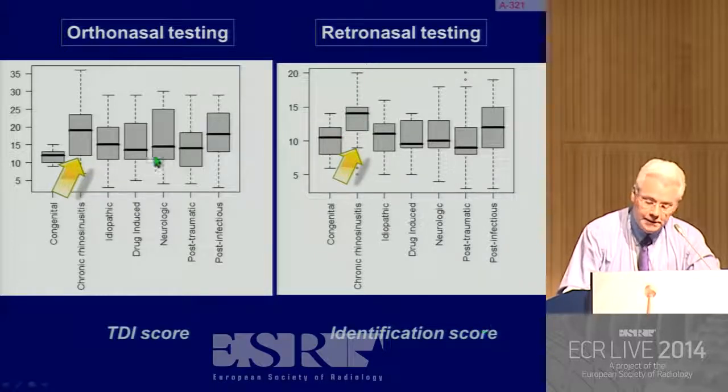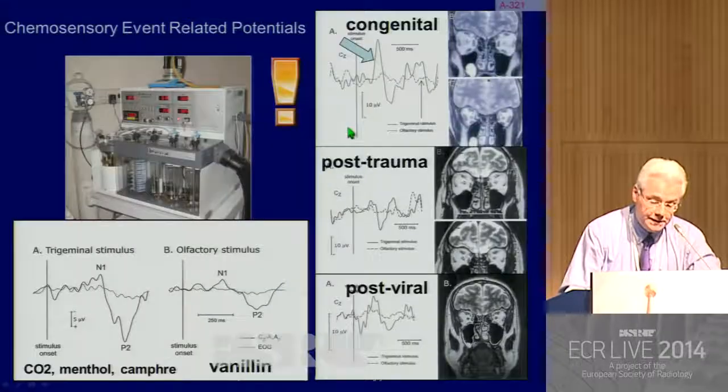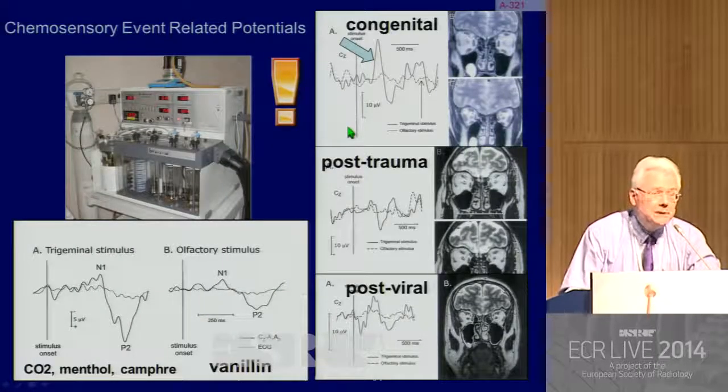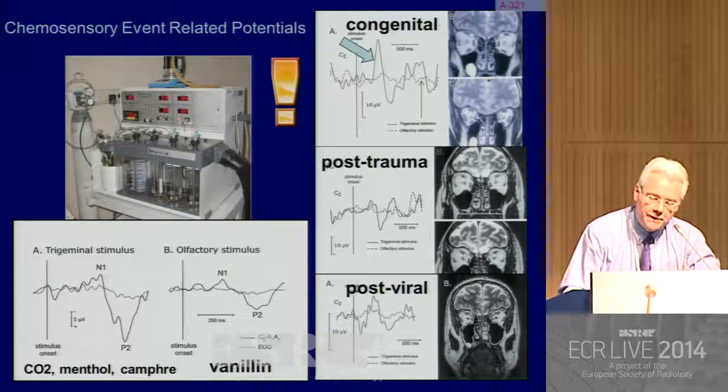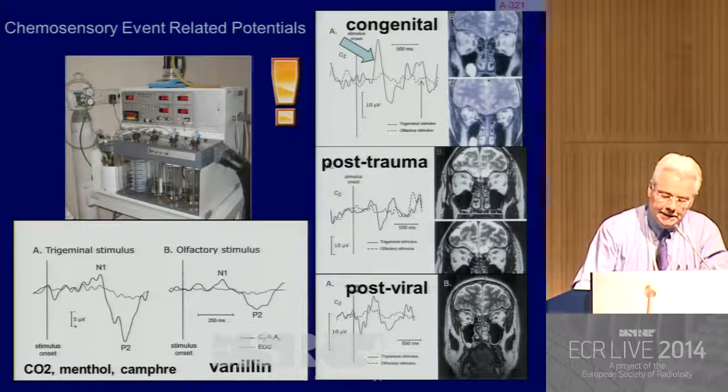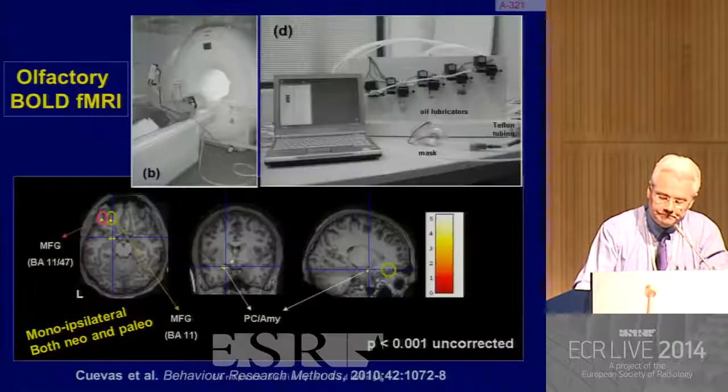Whatever the etiology, whatever the value of the deficit, you have no indication of the origin. And this is why imaging is very, very important. As radiologists, we are key. We have an important key to the diagnosis of the origin of the anosmia.